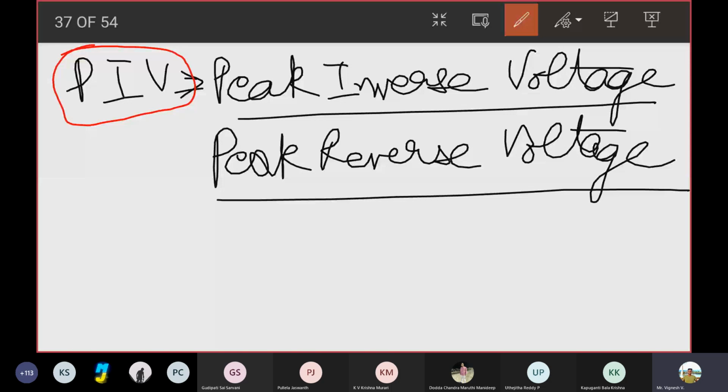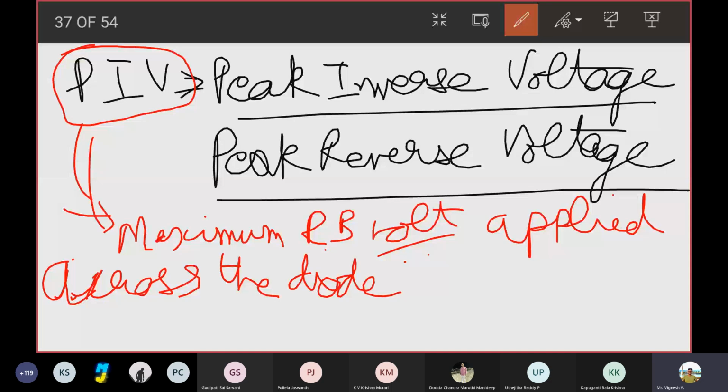It is the maximum reverse bias voltage that can be applied across the diode before entering the breakdown region.